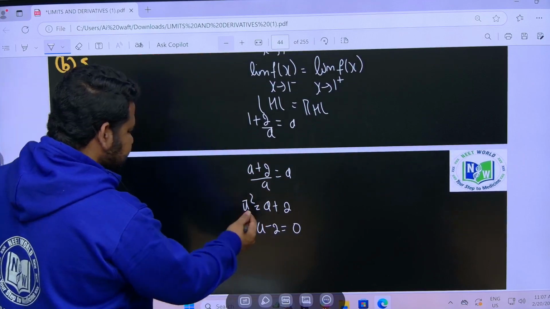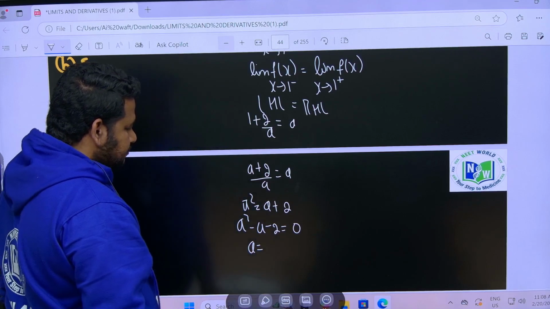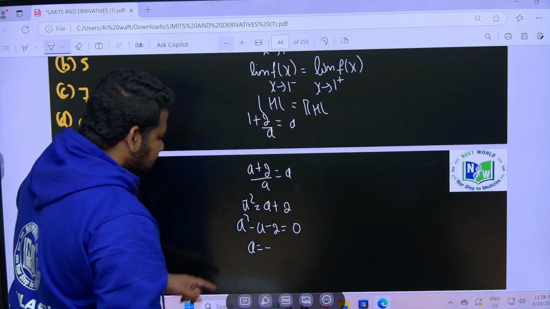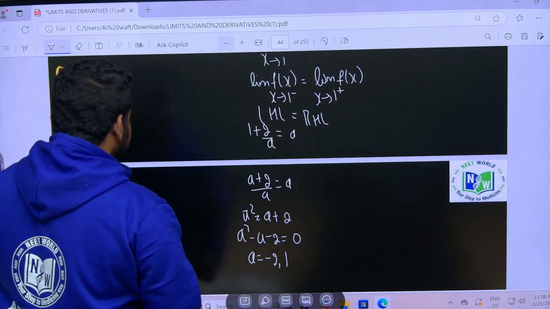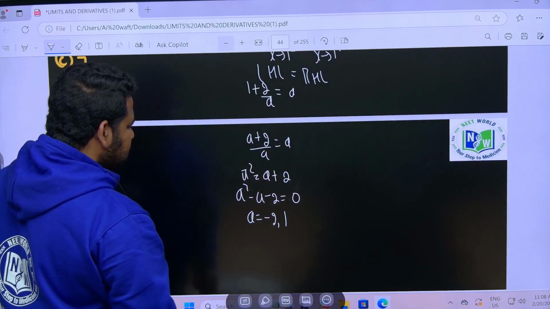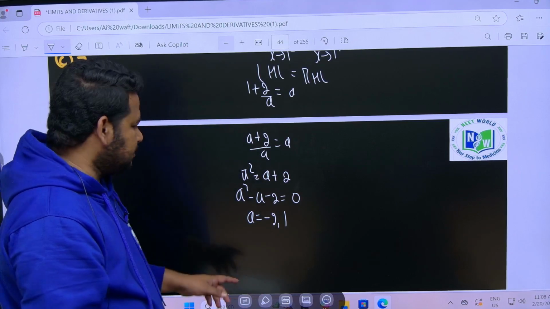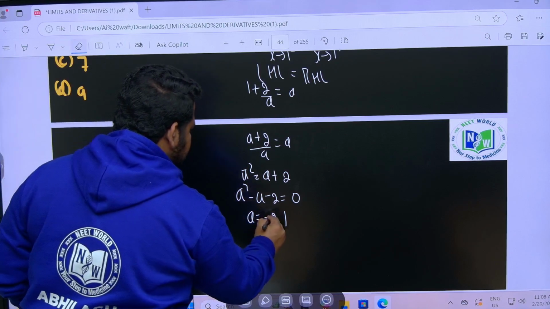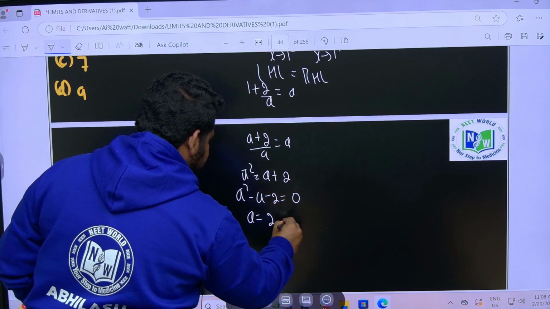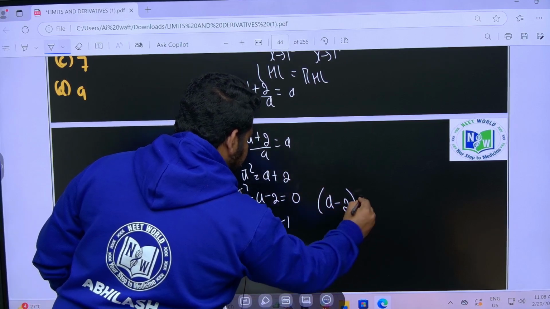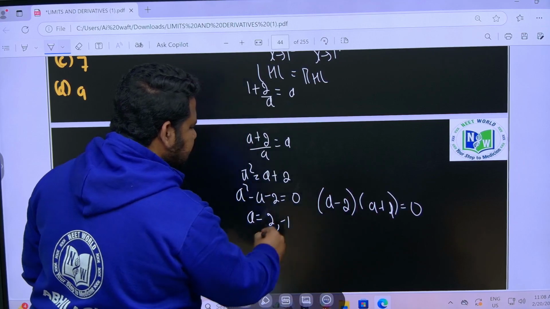On solving this quadratic equation, the sum will be equal to minus 1 and the product will be equal to minus 2. The factors will be a minus 2 and a plus 1, so a minus 2 equal to 0 and a plus 1 equal to 0. So a will be equal to 2 and a will be equal to minus 1.